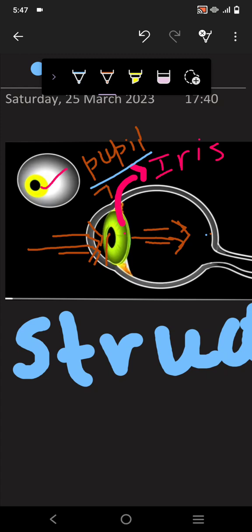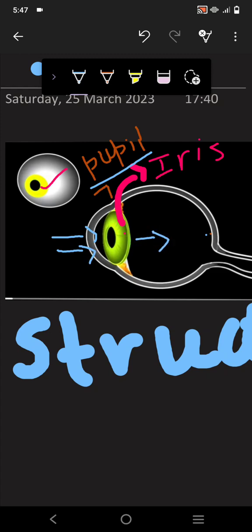So that is why, as I'm making over here, this is the iris, and the pupil gets smaller so that the light rays could not go inside and harm us. So this is the function of the iris.